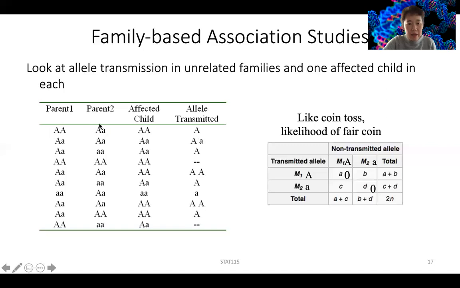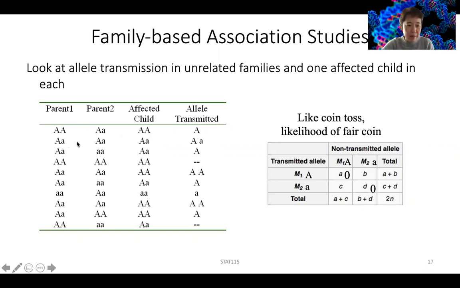But the fact that we observe the child has two big A's must mean that the second parent transmitted the big A to the child. So the really informative transmitted allele is the big A. We don't really care about the non-informative transmitted allele. And so this is one family.